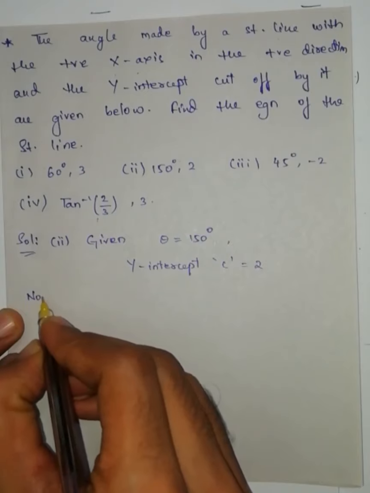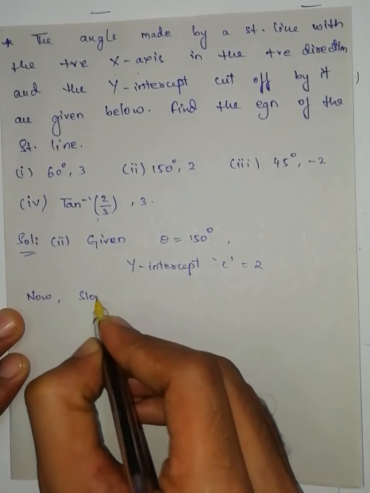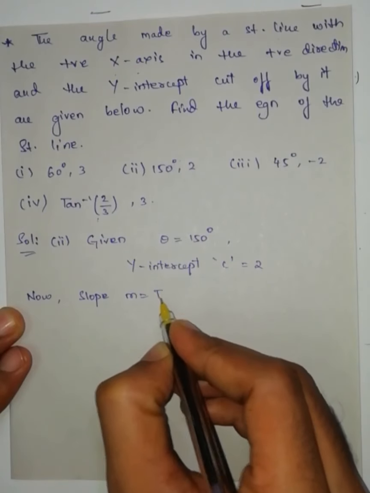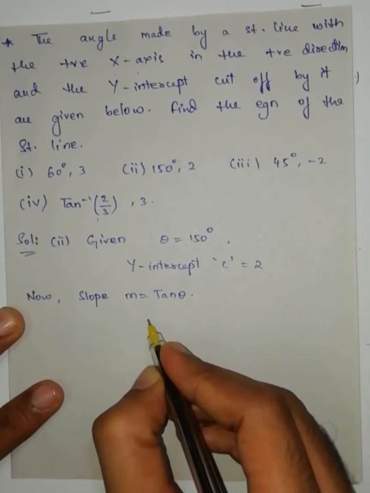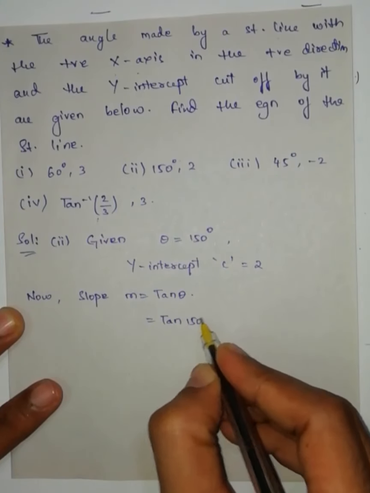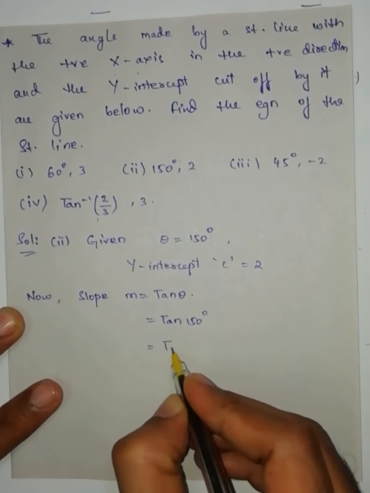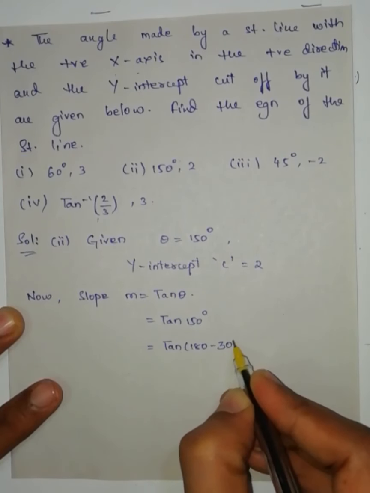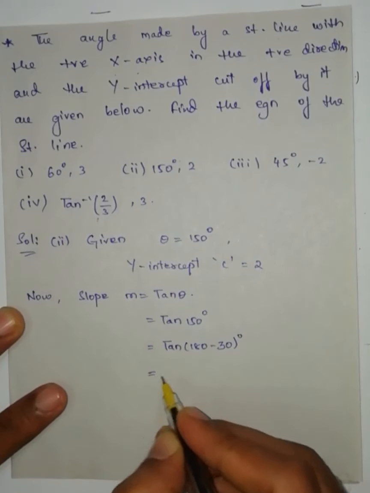Now slope m is equal to tan theta, which is tan 150 degrees. This can be written as tan(180 minus 30) degrees.